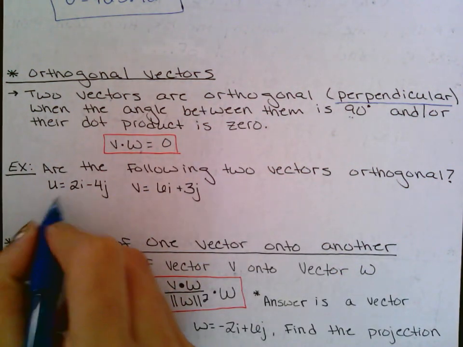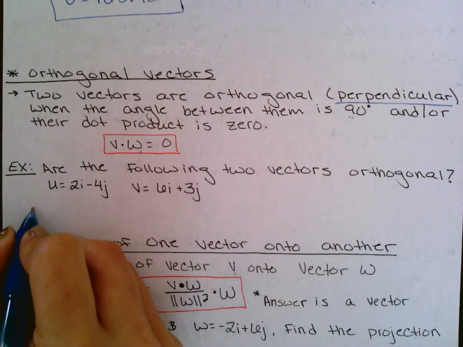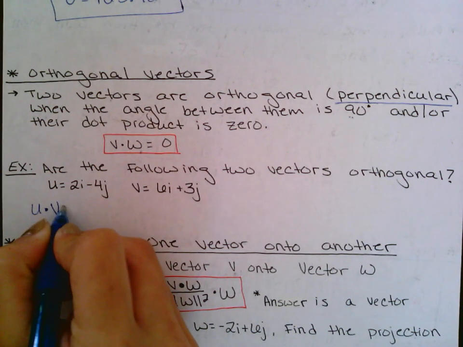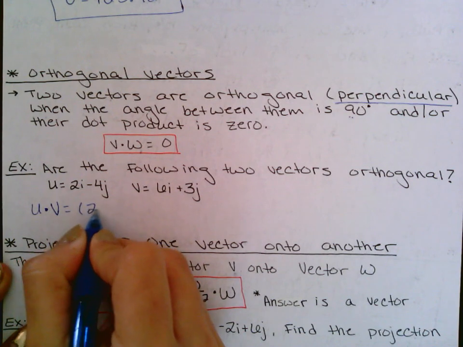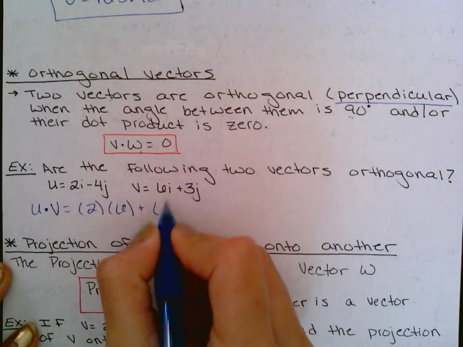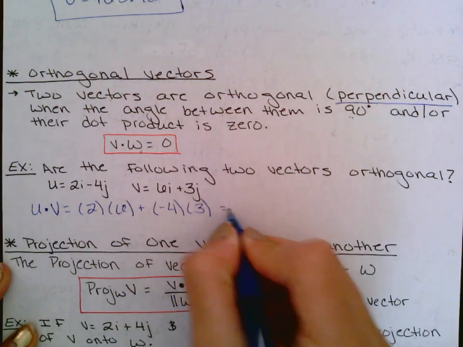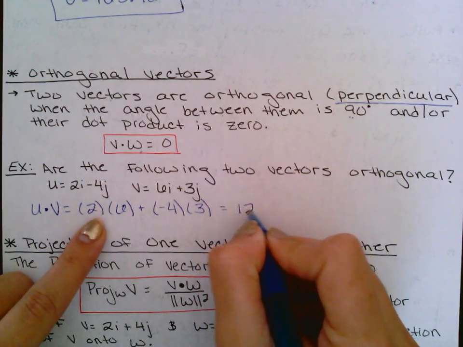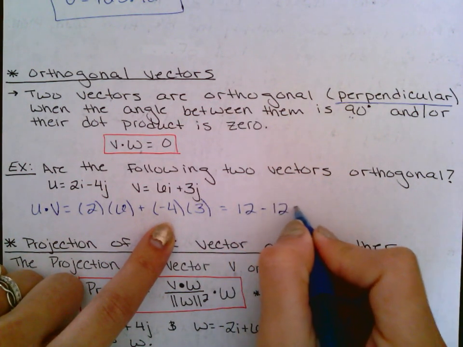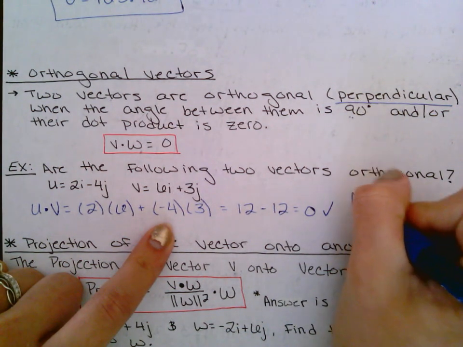So if I want to check if these vectors are orthogonal, that the angle between them is 90 degrees, then I would say u dot v, which means the two numbers in front of the i's, plus multiply the two numbers in front of the j. And you should end up with 12. And then you're going to add a negative 12, which is like saying minus 12, which equals 0. So check mark, they are orthogonal.